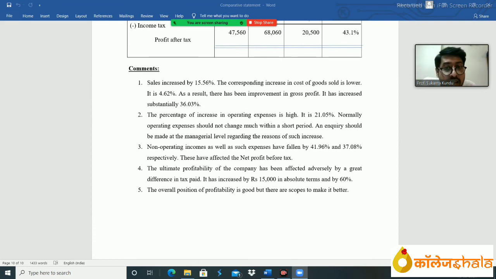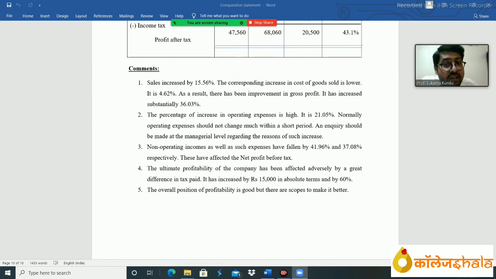Non-operating incomes as well as such expenses, the interest that you are paying, have fallen by 41.96% and 37.08% respectively. These have affected the net profit before tax.